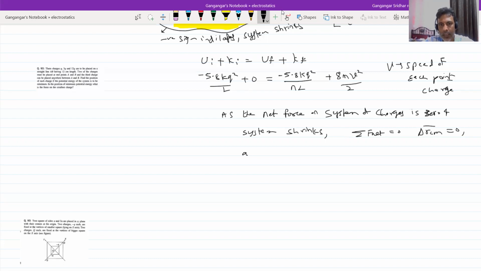So all the particles will meet at the center of mass of the system. Then all will undergo the same displacement, because that center of mass is located symmetrically, equidistant from every point charge particle. So in a given time, all have the same displacement. So you look at the speed now.